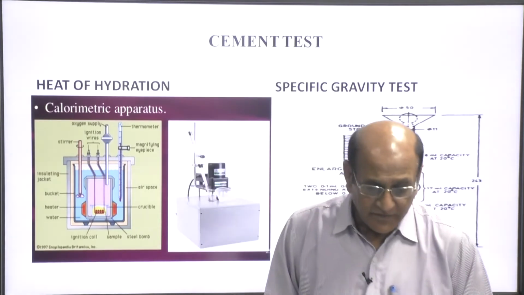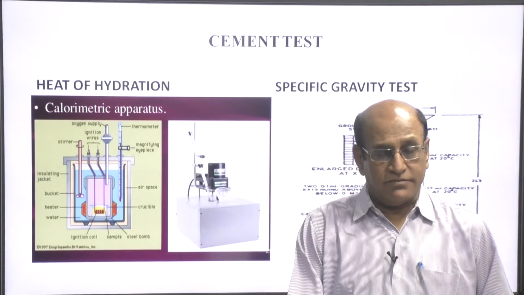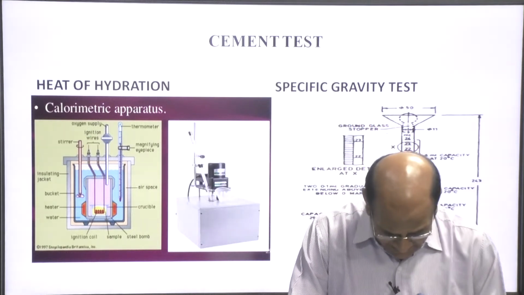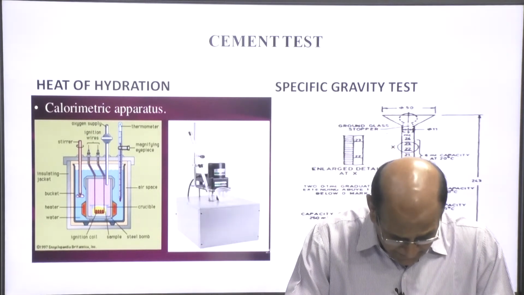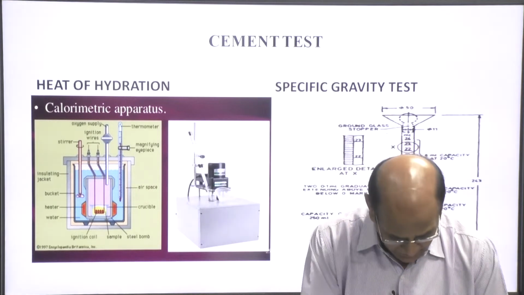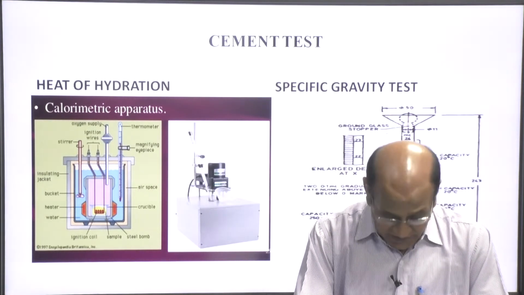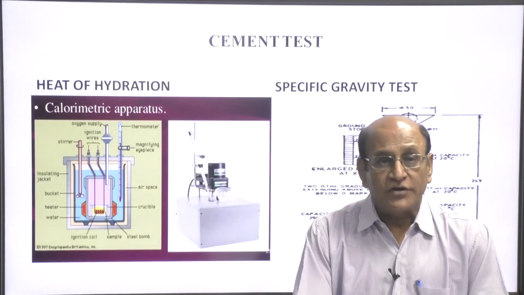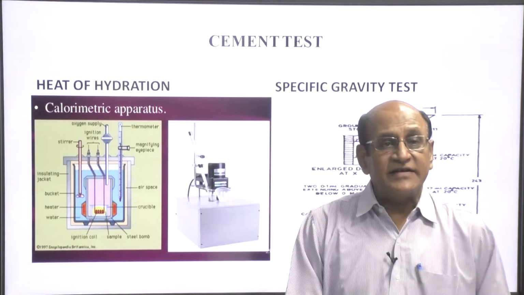The next is heat of hydration. There are many stages for the heat of hydration. So, the heat of hydration is calculated by the heat capacity, corrected temperature, weight of the sample, ignition loss, and we calculate it with the different stages.